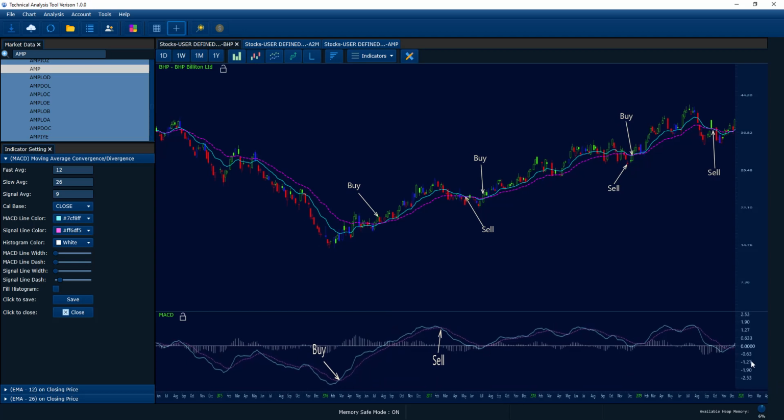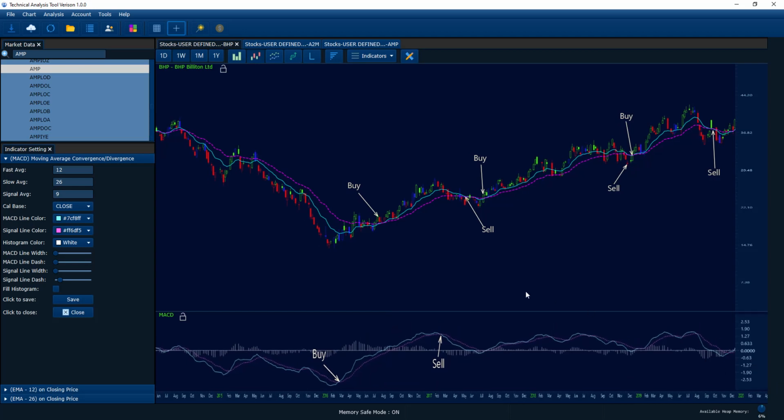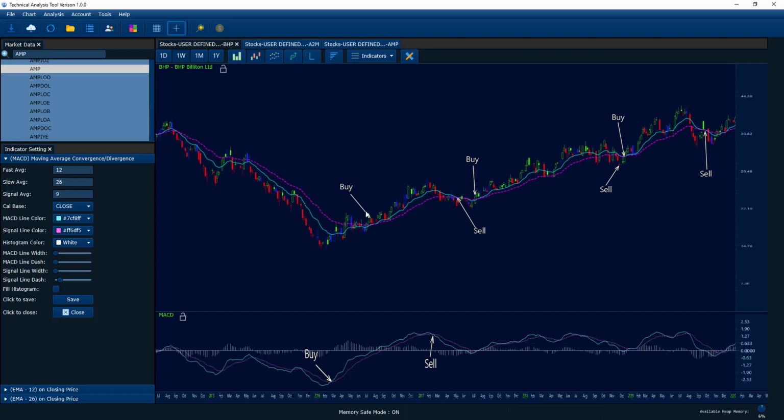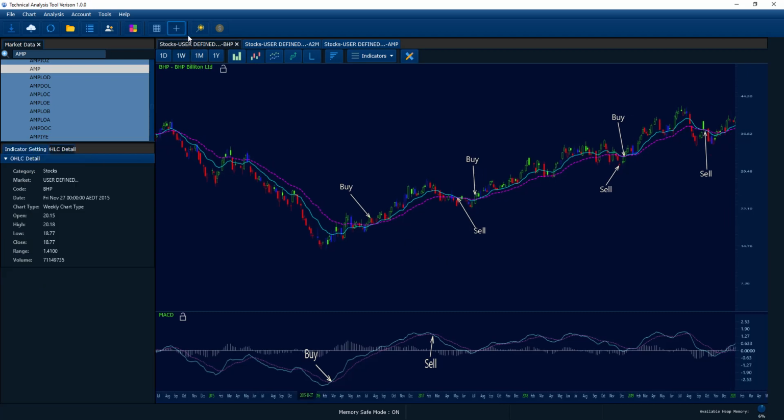But there is another type of crossover signal. Some people think the buy and sell signal generated by the moving average pair or the MACD line cross above the zero line is too late, right? For example, if you're buying, how about we buy from here?